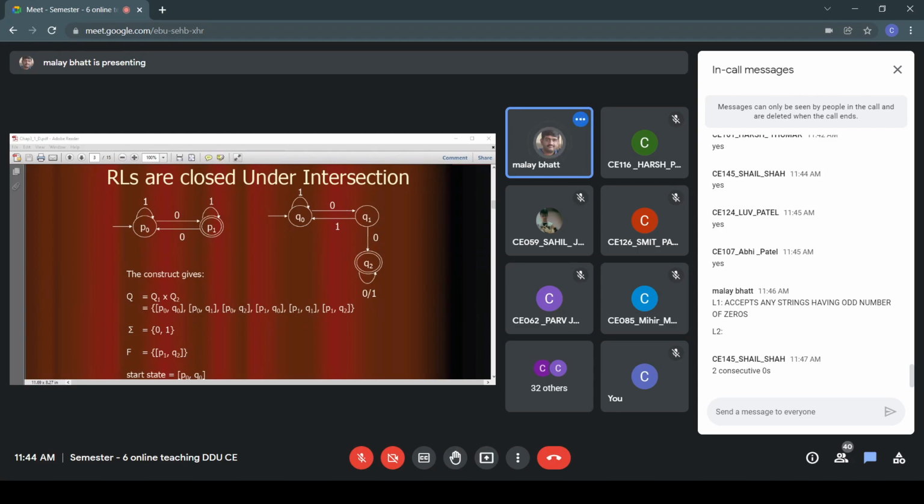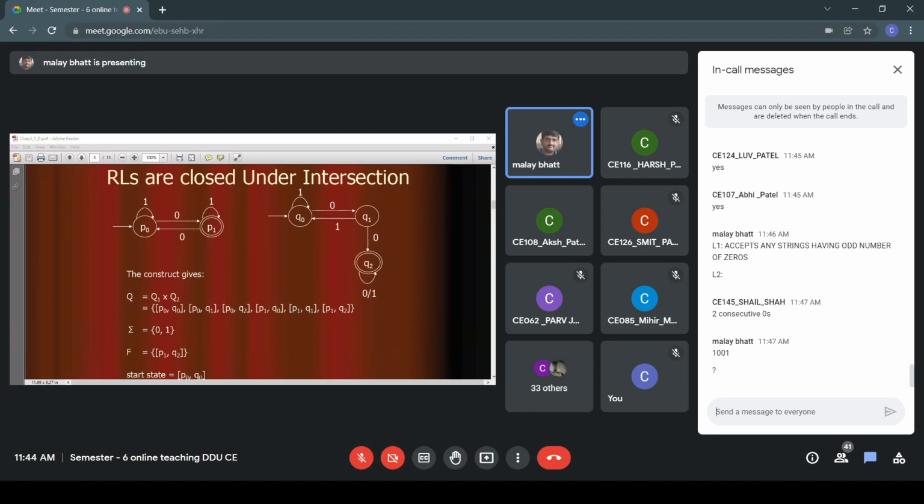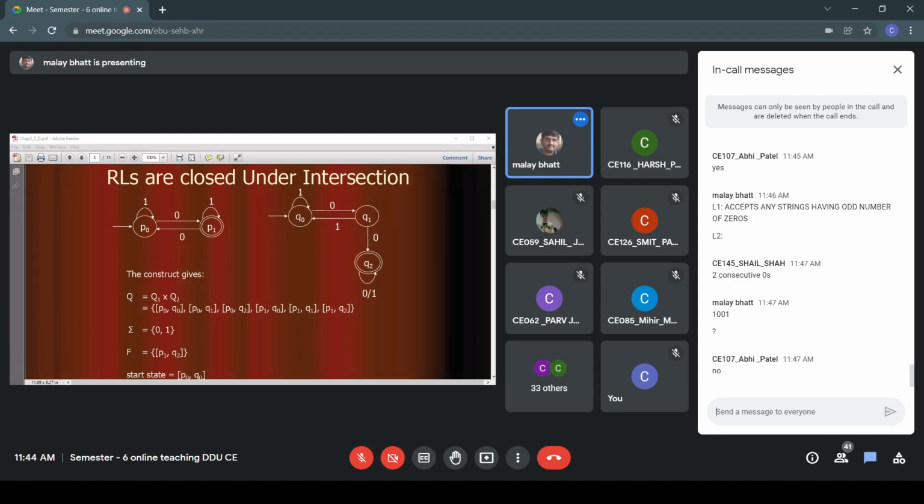So will it accept this? Yes, you can see it is ending with Q2. It is ending with Q2. Right? You can see it is ending with Q2.